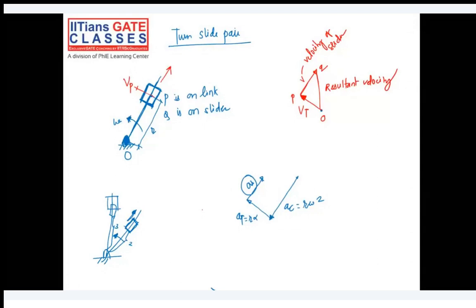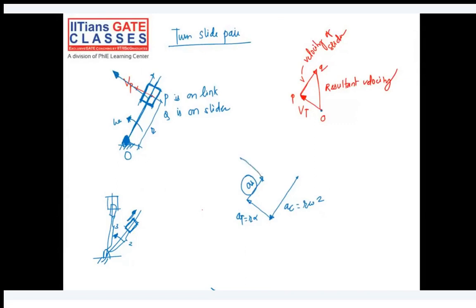I will explain about this Coriolis component, but before that, you should know what this AC is, the centripetal component of the acceleration for the turning pair. This is the tangential component of the acceleration. This is the acceleration of the slider. The slider is accelerating with this acceleration, and this is the Coriolis component of the acceleration.